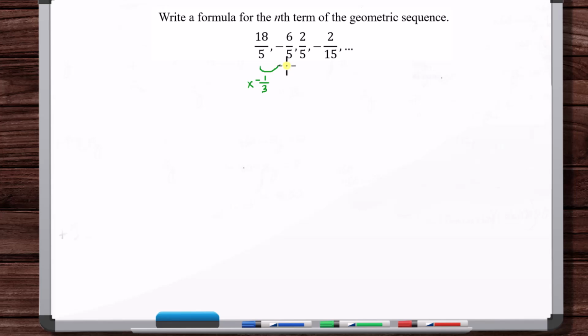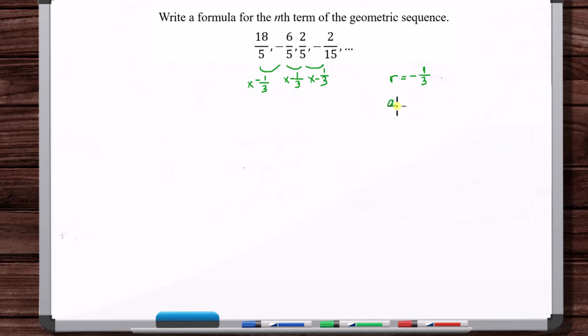Now if you multiply minus 6/5 times minus 1/3, what do you get? That's right, 2/5. And then 2/5 times minus 1/3, you'll get negative 2/15. So again, we've got an r of minus 1/3.